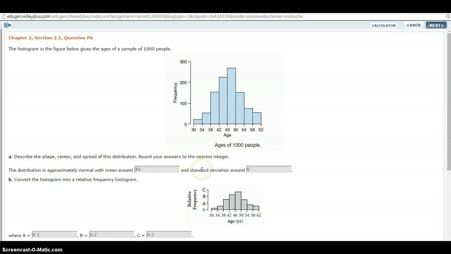And standard deviation, this one's a little trickier. On a normal distribution, what we're looking for here is we want to go to the left and to the right of the mean by this value, the standard deviation value. We want to capture about 2/3 of the data. So in a normally distributed data set, we're going to get about 2/3 of the data falling within one standard deviation to the left and to the right of the mean.